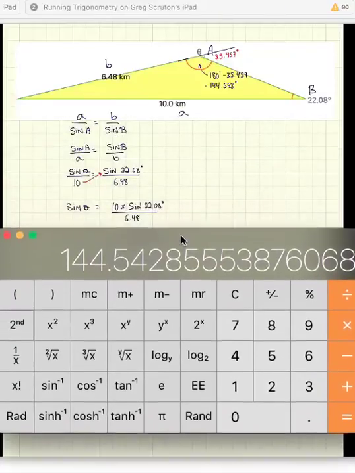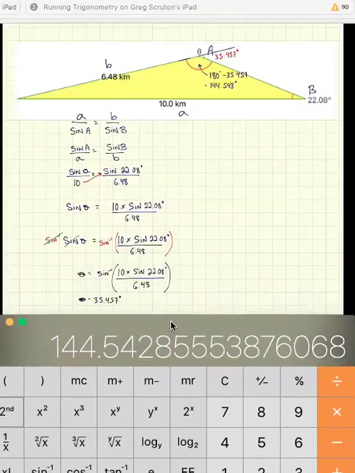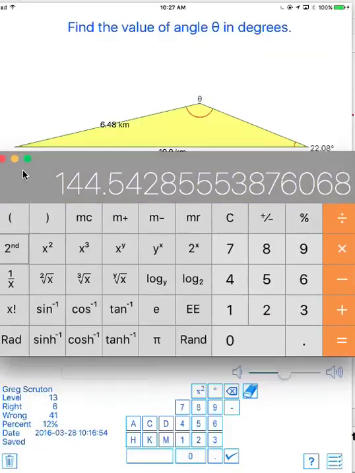Okay, so be very careful when you're doing the inverse sine that sometimes, like if you're dealing with an obtuse angle, it will not give you the obtuse angle. It will always give you the supplement of the obtuse angle. All right? Okay, so back into our program. Our angle is 144.543 degrees. Now that makes sense.